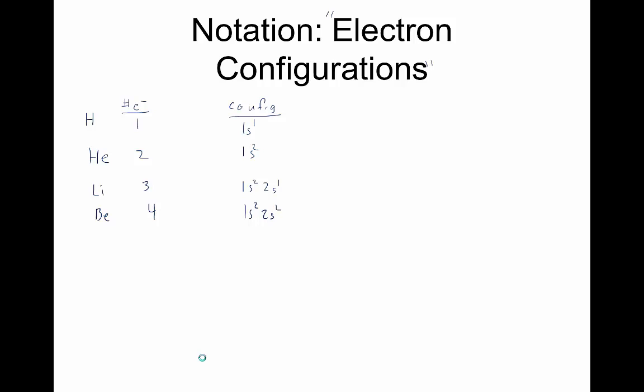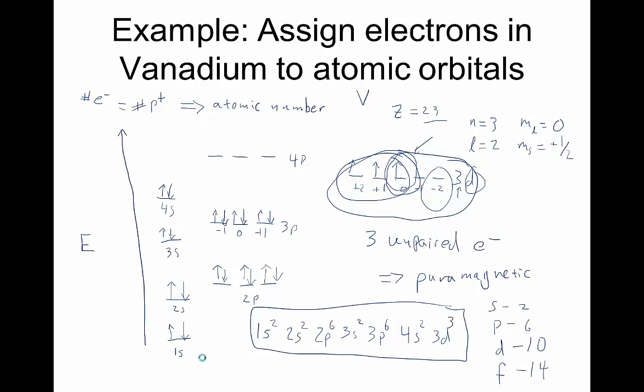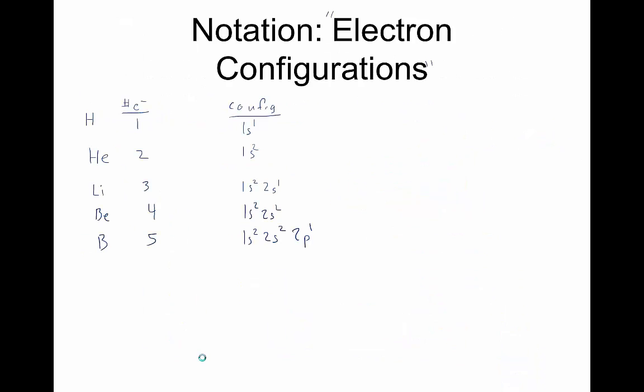Then continuing to move across the periodic table, we do boron, which has 5 electrons, and that's going to be 1s2, 2s2. And now we start to fill the 2p orbitals according to our Aufbau principle and our filling pattern over here. So we're going to start filling up the 2p orbitals with 1 electron. So that's going to be 2p1.